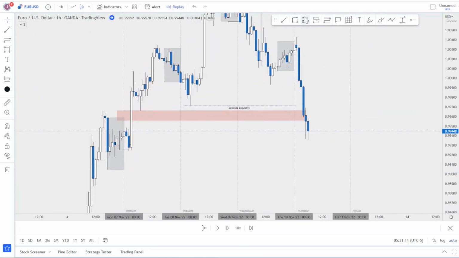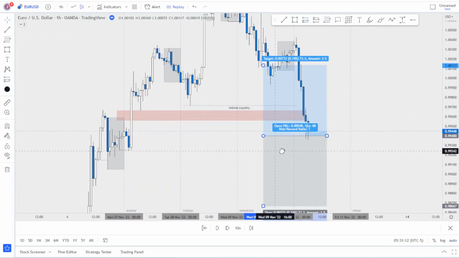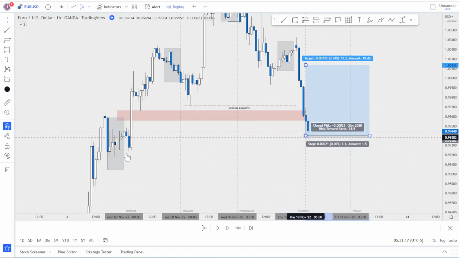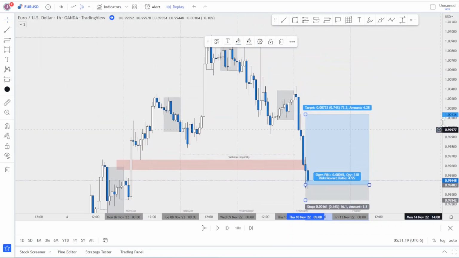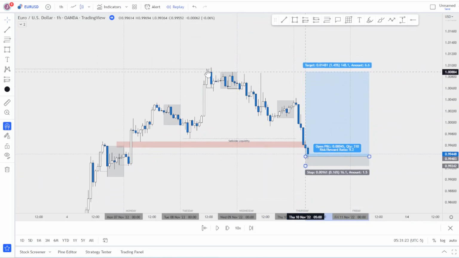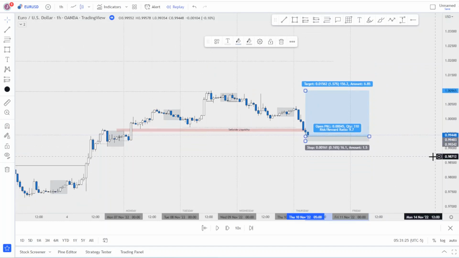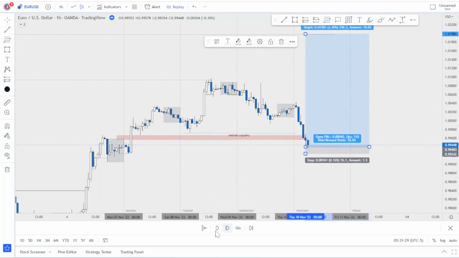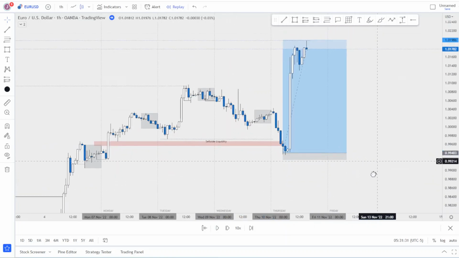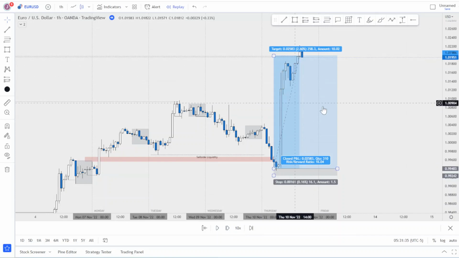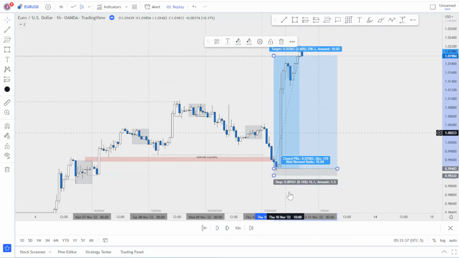So without going into it, you could look for your lower time frame entries there, or you could just put your entry like this, a limit entry, and again, safe target would be here, and then you can also target the buy side liquidity right here. And price taps into it and it just shoots up like crazy. So that's that one for the Thursday.